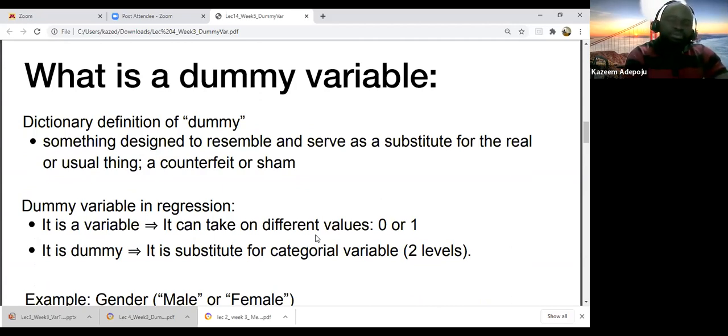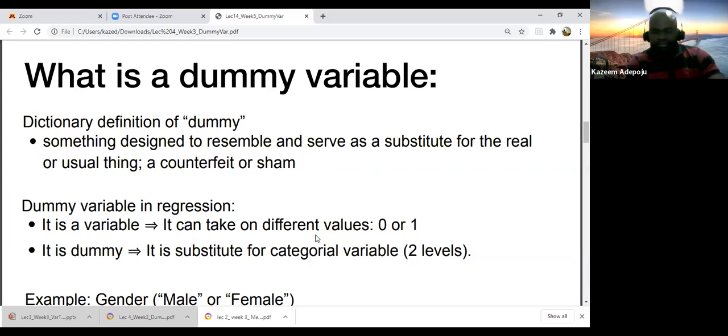Let me tell you, in a situation where your predictor can actually be categorized into two, in such a way that you're going to have a control group and you're going to have an experimental group.